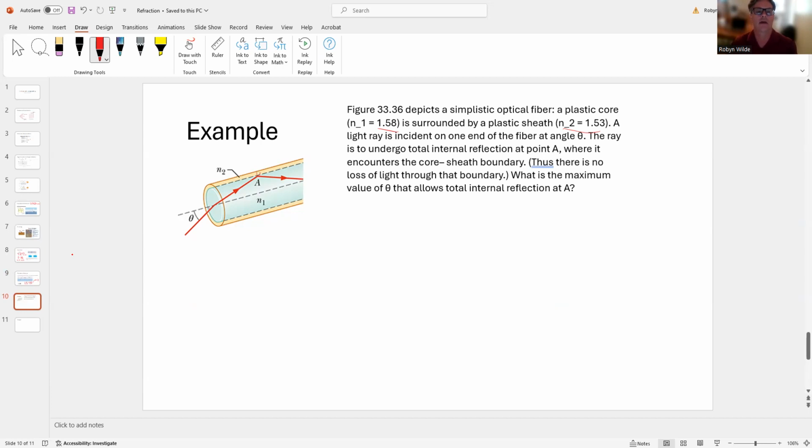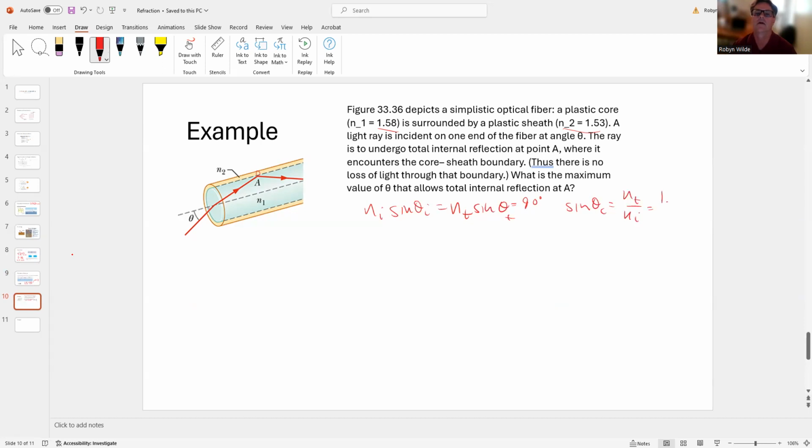I'm looking at point A, and again I'm going to use Snell's law, Ni sine theta I equals Nt sine theta t, and theta t is equal to 90.